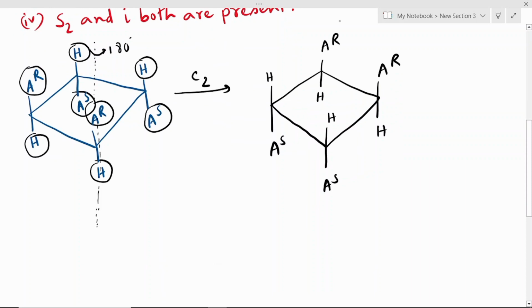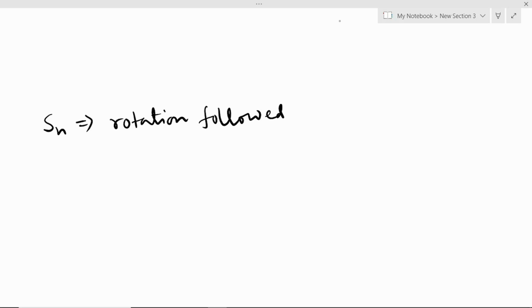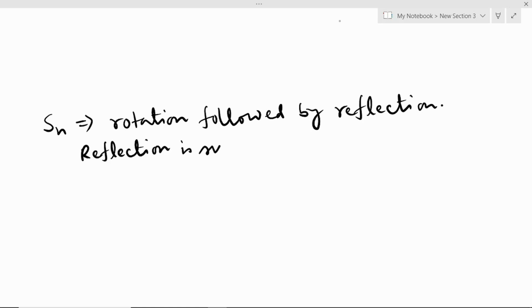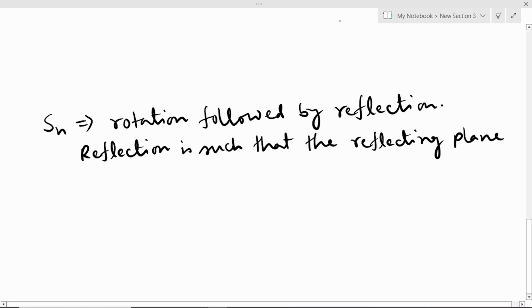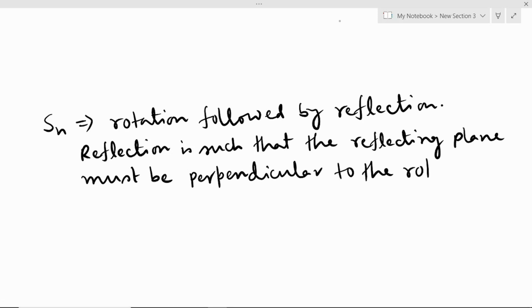Now, from the definition of alternating axis of symmetry, we get rotation followed by reflection, and the reflection is such that the reflecting plane must be perpendicular to the rotational axis.